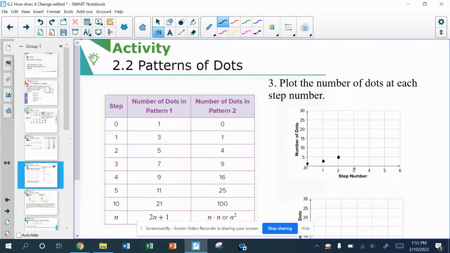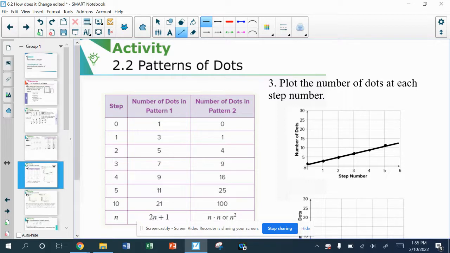Step 3 is at 7. 4 is at 9. 5 is at 11. Right? And you can see, even without this being perfect, you can see that this is supposed to be linear. It had a constant rate of change. I'm actually going to use a straight line so that I can do a better job of graphing that for you, even though my points weren't perfect. That is a straight line.